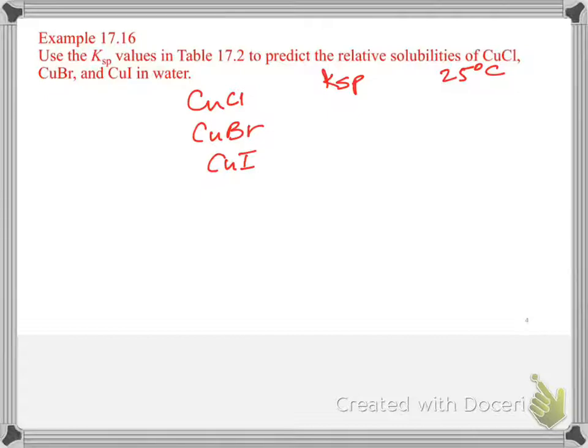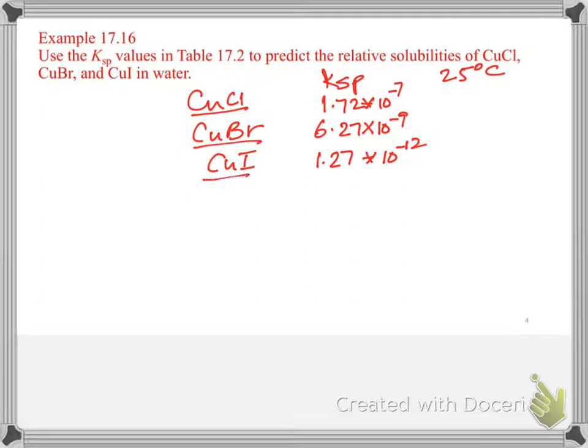CuCl is 1.72 times 10 to the negative 7, CuBr is 6.27 times 10 to the negative 9, and CuI is 1.27 times 10 to the negative 12. Can we compare their KSP values? Yes, because all these three compounds break down to produce one cation and one anion.